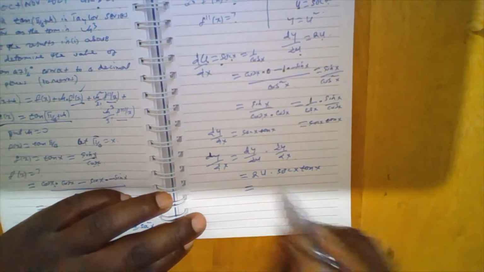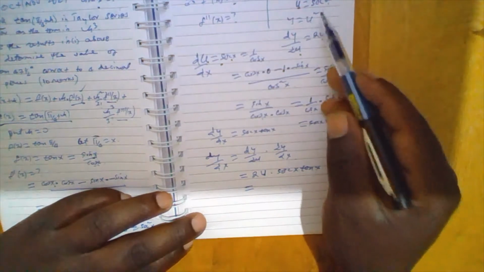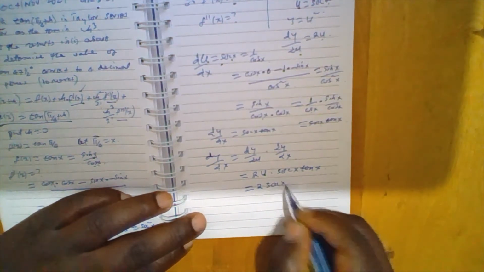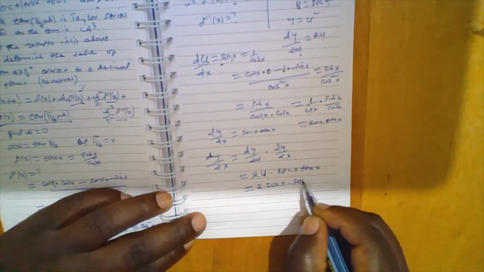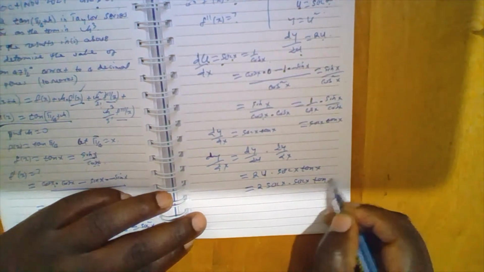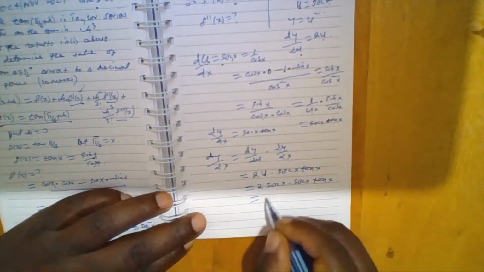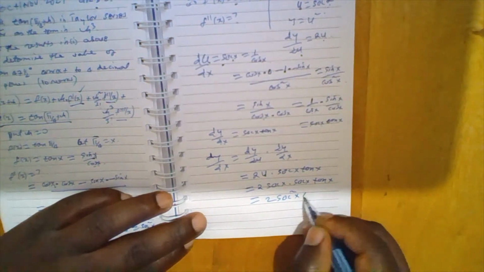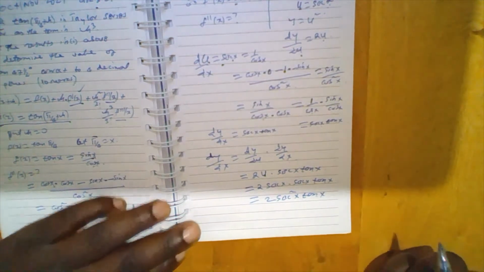But what is u? u is sec x, so here you have 2 sec x times sec x tan x, which equals 2 sec squared x tan x.